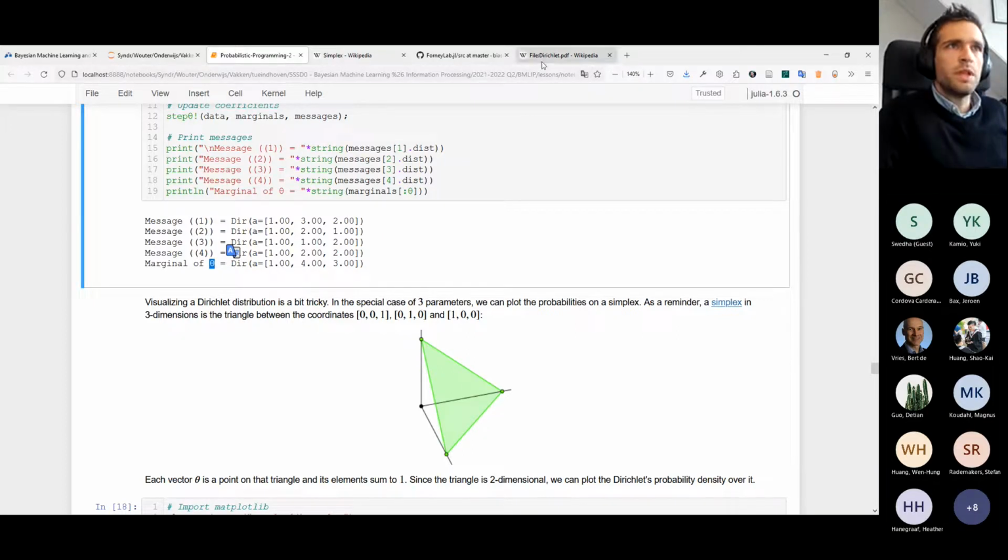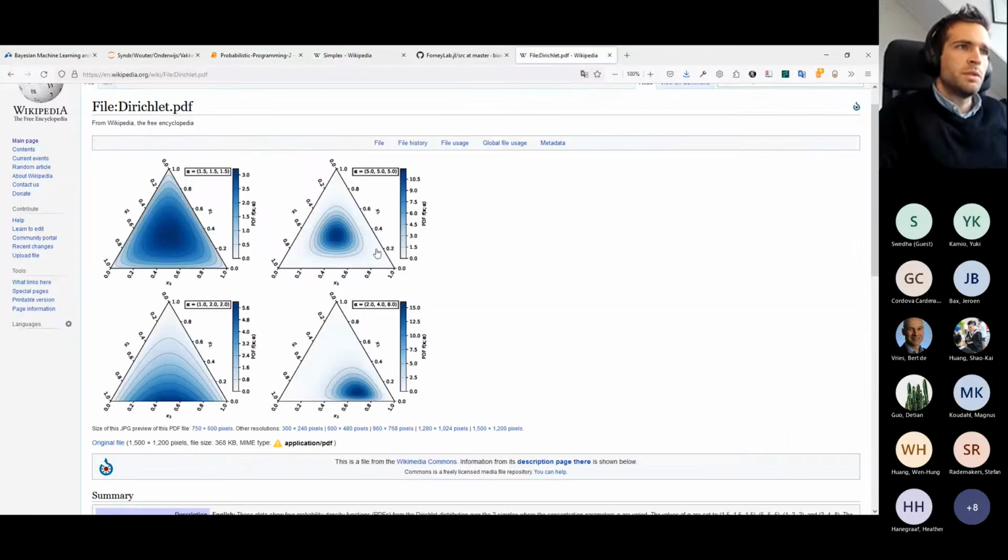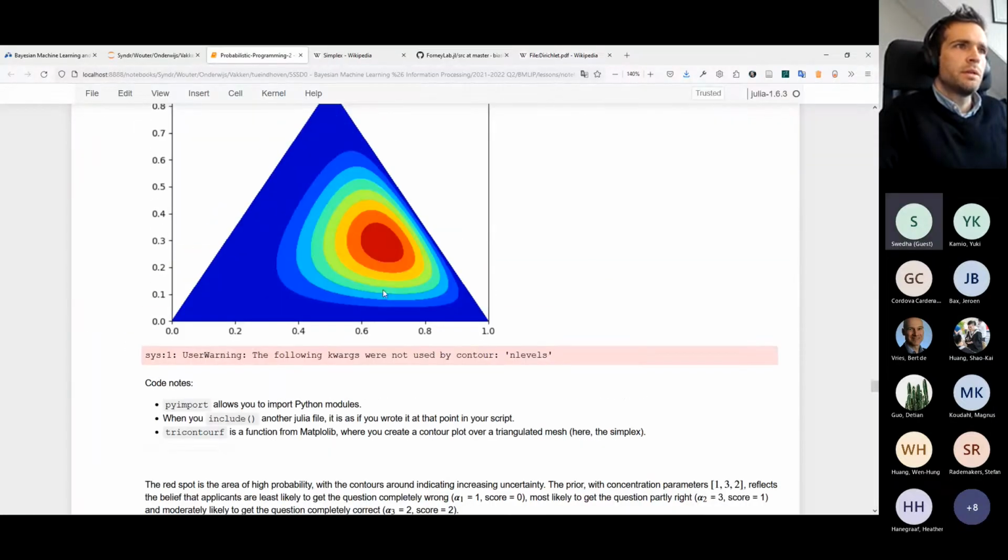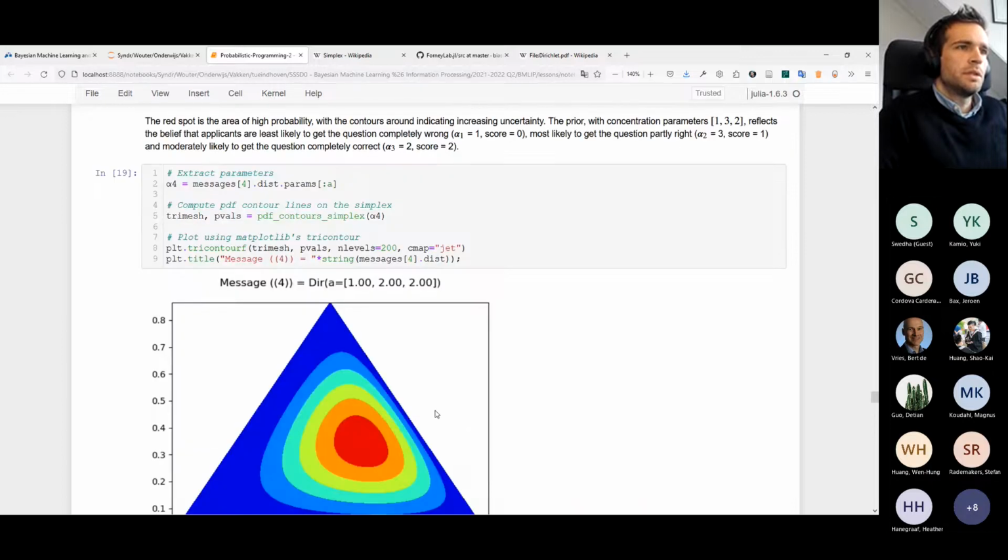We do that here in some sort of color plot, so areas of dense color also give you high probability. And I've tried to replicate that here in this situation.